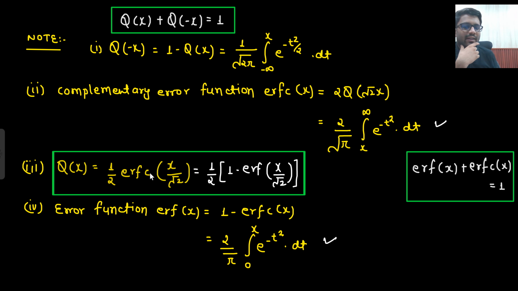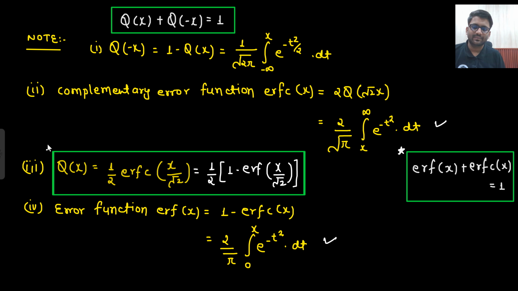How are the Q function and complementary error function interrelated? Q of x is equal to 1 by 2 complementary error function of x by under root 2. How these two are interrelated, you can do on your own. So these three boxes that I have put, you need to remember.